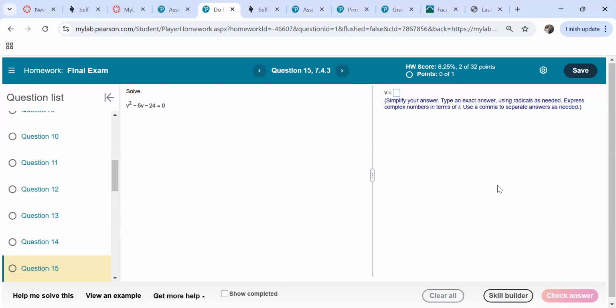Here we are solving. So you can use quadratic formula or you can use factoring. I'm going to just do this one with factoring. So if I did factoring, I would need two numbers.